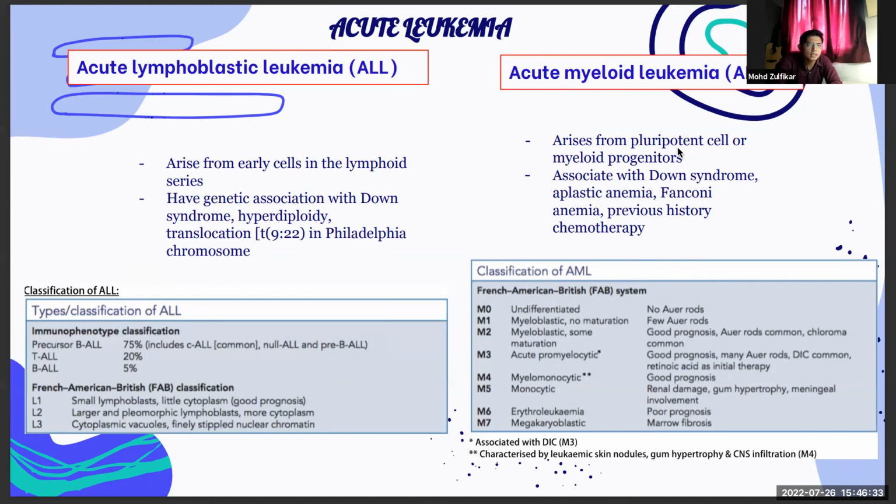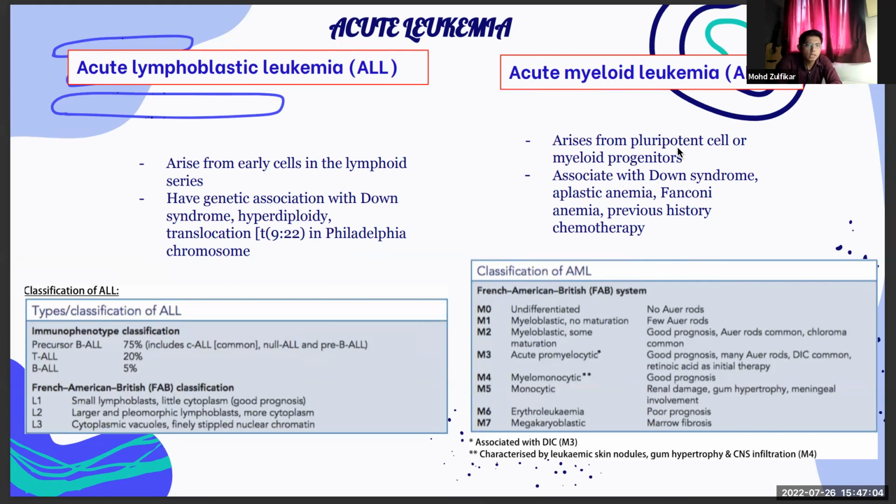Other than that, another important one is M3, also known as acute promyelocytic leukemia, and it is associated with disseminated intravascular coagulation. The interesting part of the M3 type of AML is that we can actually treat it with a vitamin. Vitamin what? Vitamin A, and it carries a favorable prognosis.